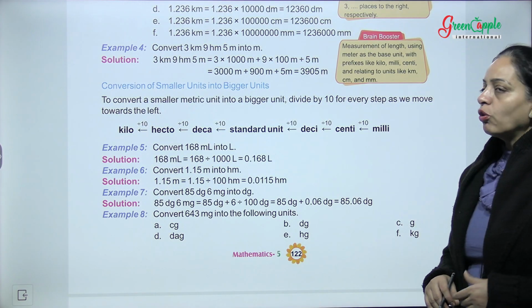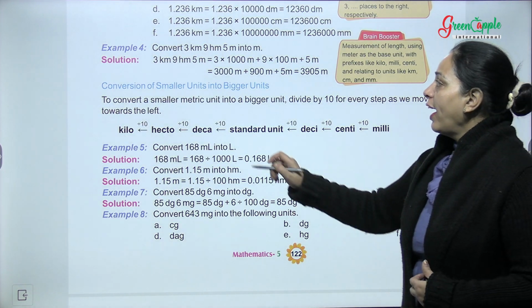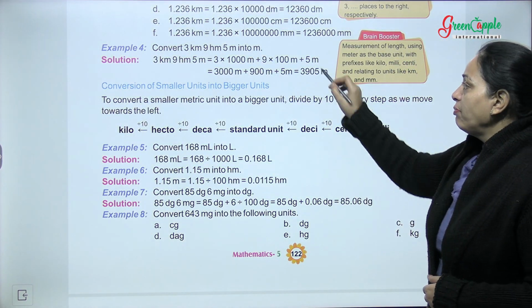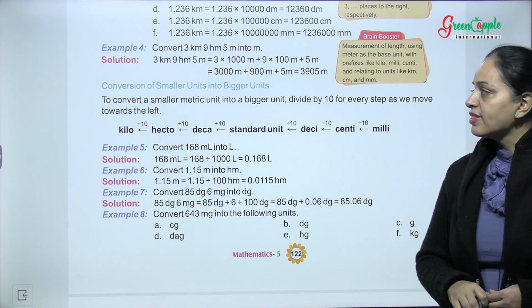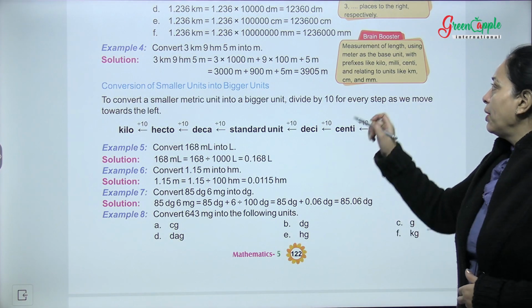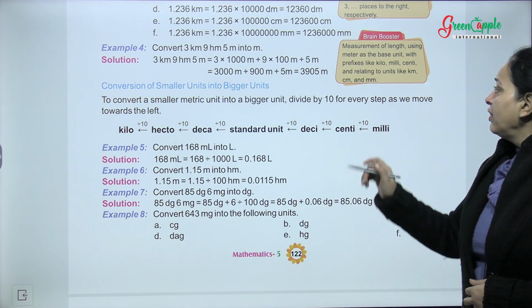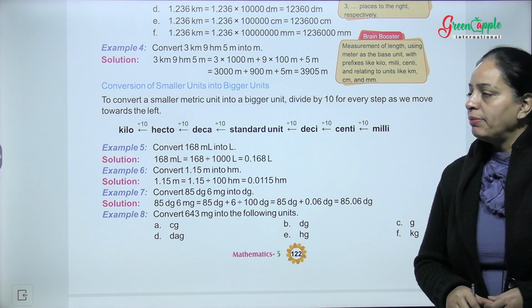So 3 kilometer को मीटर में लाने के लिए 1000 से मल्टीप्लाई करेंगे, हेक्टोमीटर टू मीटर 100 से मल्टीप्लाई करेंगे, and 5 meter as it is. Now calculate. This is the answer. Now brain booster, measurement of length using meter as a base unit with prefixes like kilo, milli, centi, relating to units like kilometer, centimeter and millimeter.